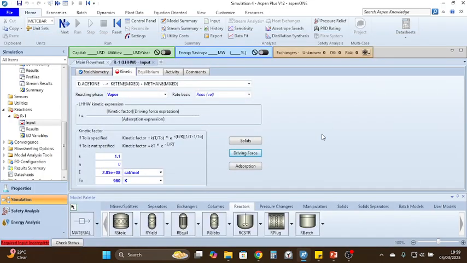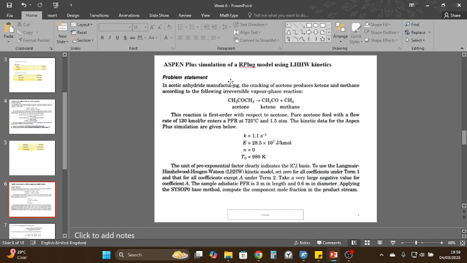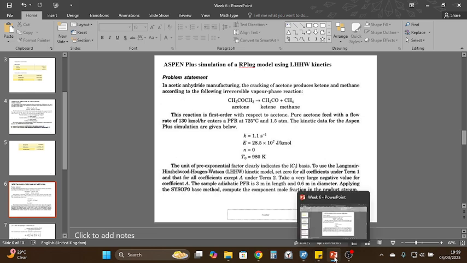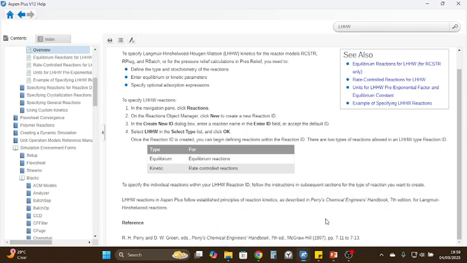In LHHW kinetics, you need to remember that when these kinetics reach an equilibrium, the driving force tends to 0, right?